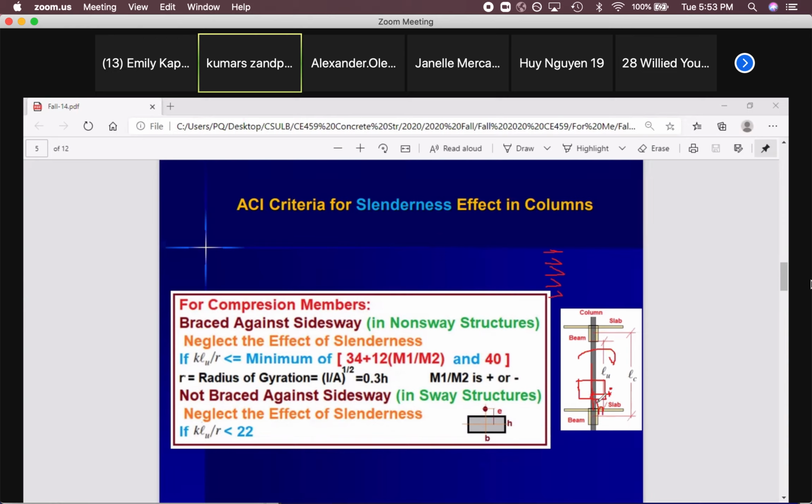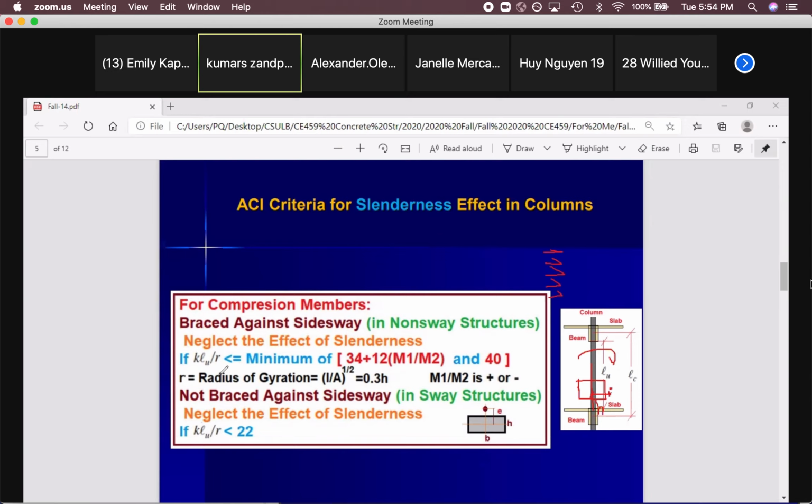Look at this, exactly the same as this one. Parallel to E is your H. In a frame, if it's hard for you to remember how to find the eccentricity to see which one is parallel, the line of the column is your bending axis. And this is your H; when this is your H, that's your E. Please put a note so you don't make a mistake during the exam in this class.